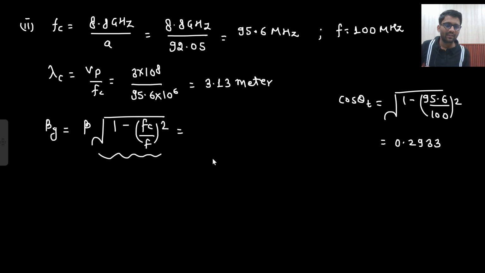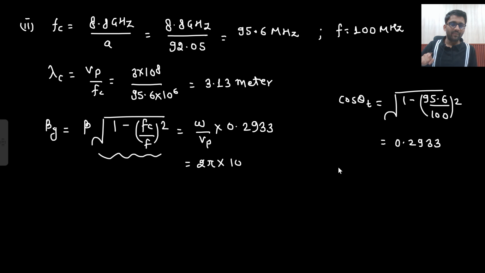What is the value of beta? You know that Vp is equal to omega by beta, right? So beta is omega by Vp, into 0.2933. So what is your omega? 2 pi into 100 megahertz.